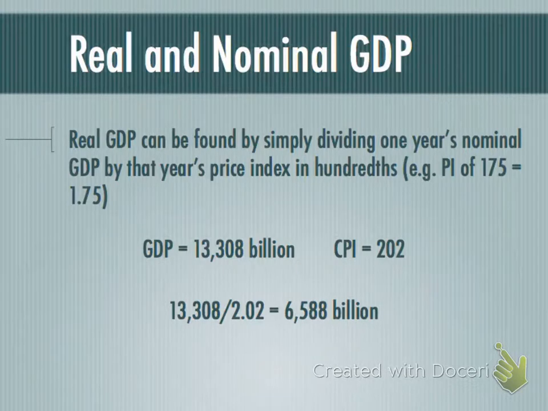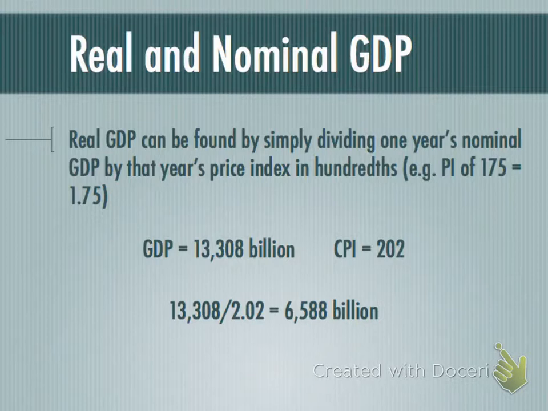And we're right at the end. Here's an example then. Real GDP can be found by dividing the nominal GDP by the price index in hundredths.